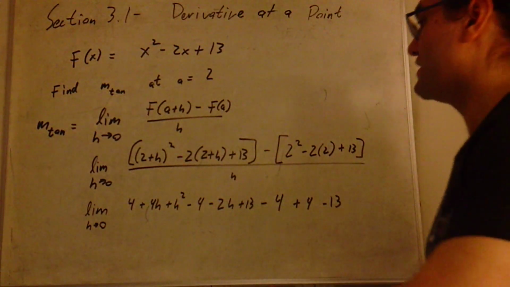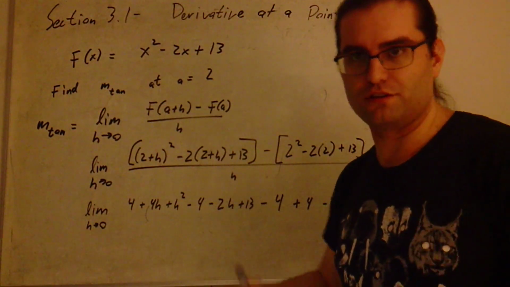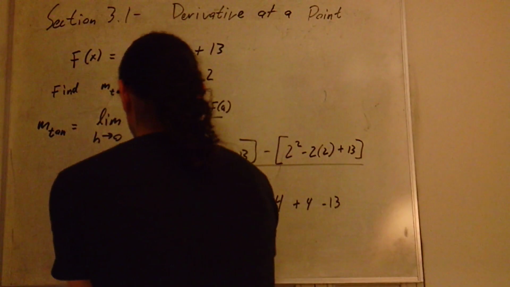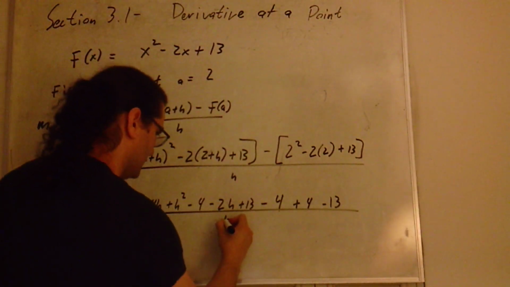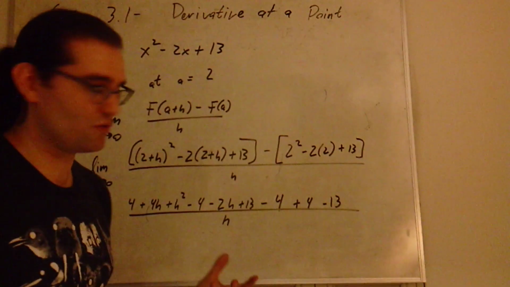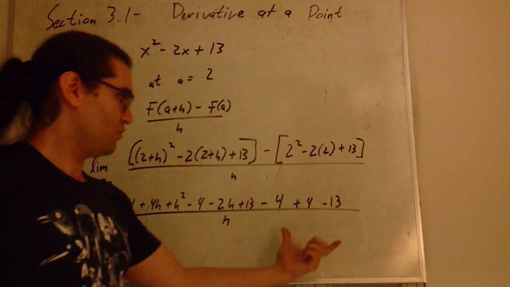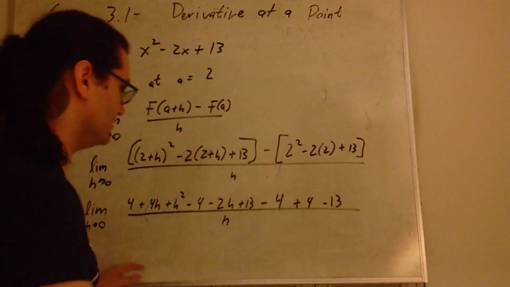And just like we did when we were doing difference quotients the first time, almost all of this stuff will cancel. And sort of the same rules apply. When we first did these, the rule was everything that doesn't have an h in it should cancel, which includes all of this on the back end. This has no h's, it should all cancel.